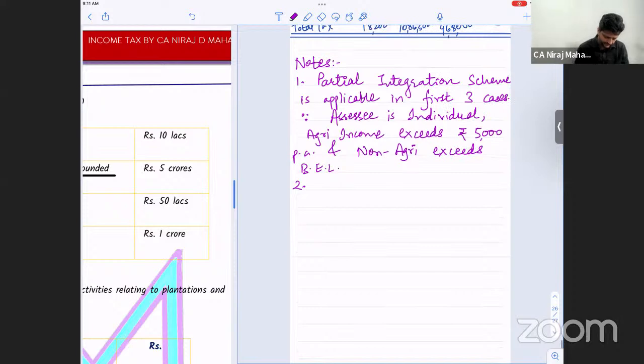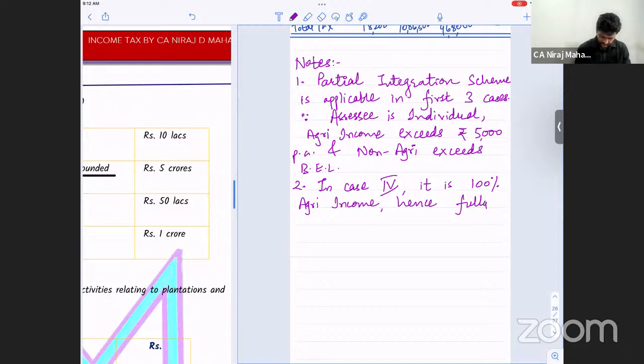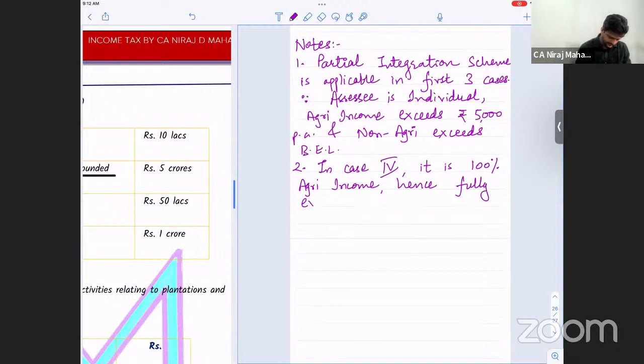And note number 2. In case 4, it is 100% agri income. Correct, everybody? It is 100% agri income. Hence, fully exempt under section 10(1).